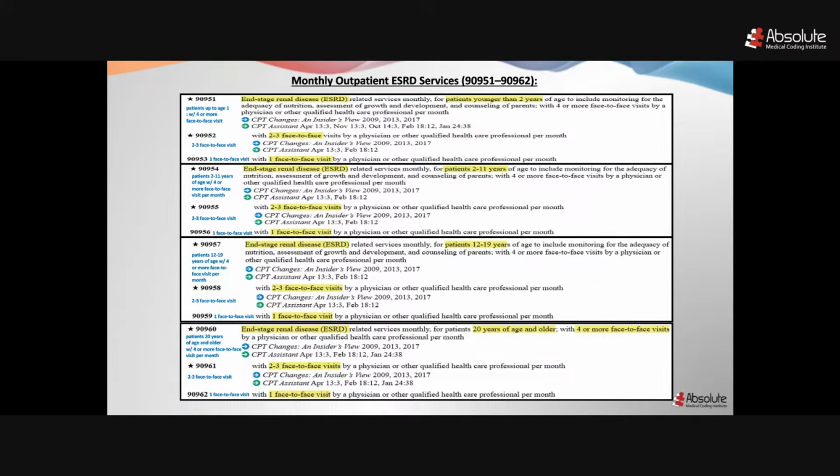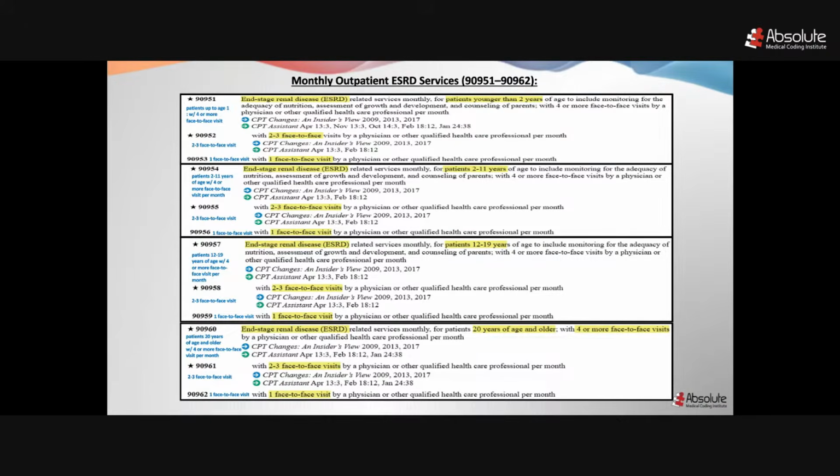These codes are further divided based on the number of face-to-face visits. Then we have the code series from 90954 through 90956. These are for patients aged 2 to 11, and again, they are divided based on the number of face-to-face visits.